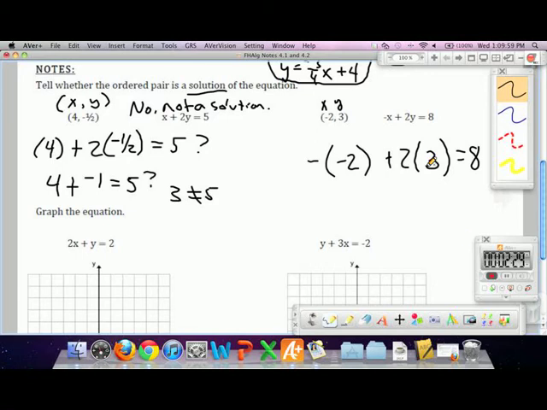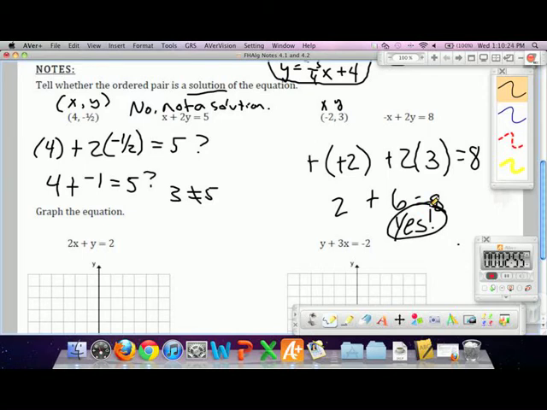Minus negative 2 is positive 2. What's 2 times 3? Is 2 plus 6, 8? Yeah. Yes. The point negative 2, 3 is a solution to this equation.